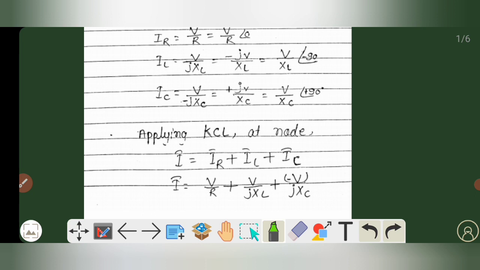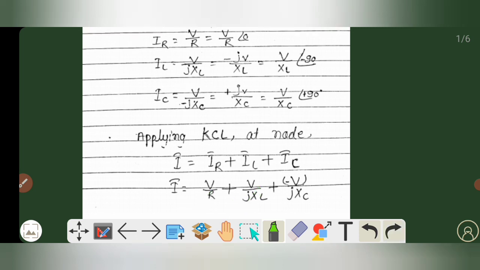After applying KCL at the node, the overall current will be the summation of the current across the resistor, the inductor, and the capacitor. Now we put in all these values: IR is equal to V by R, IL is equal to V by jXL, and IC is equal to minus V by jXC.